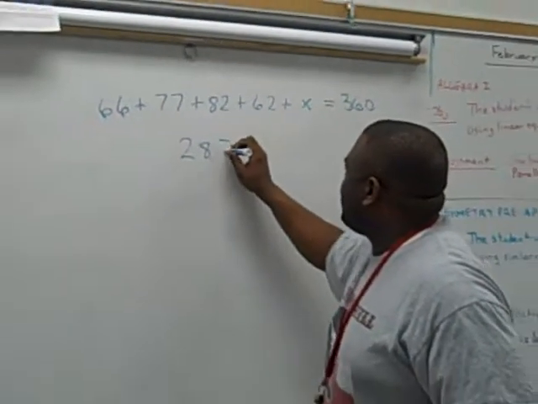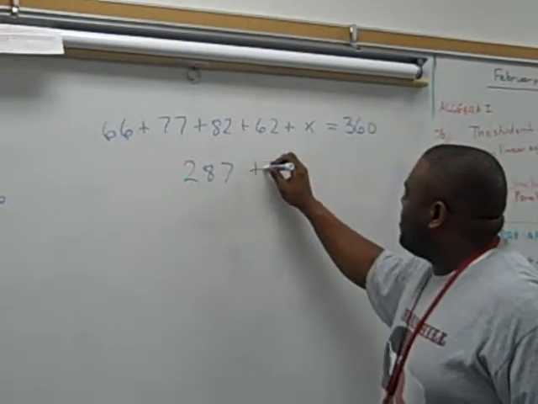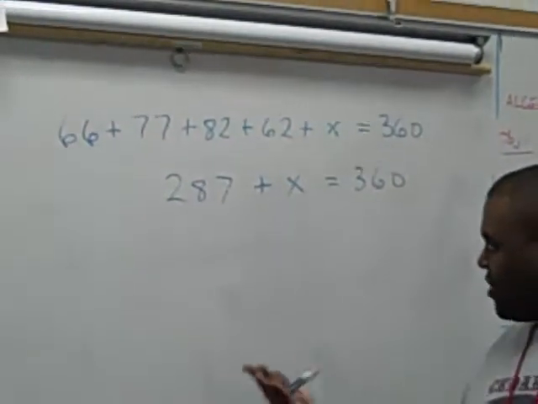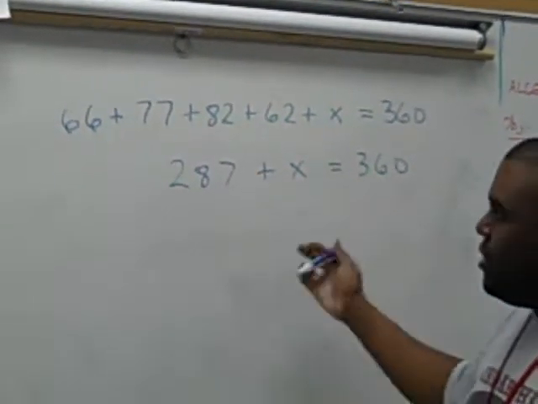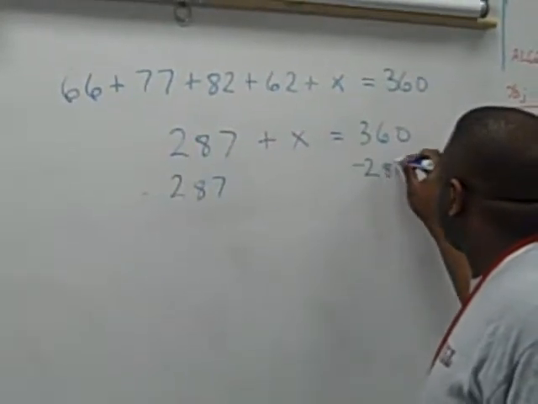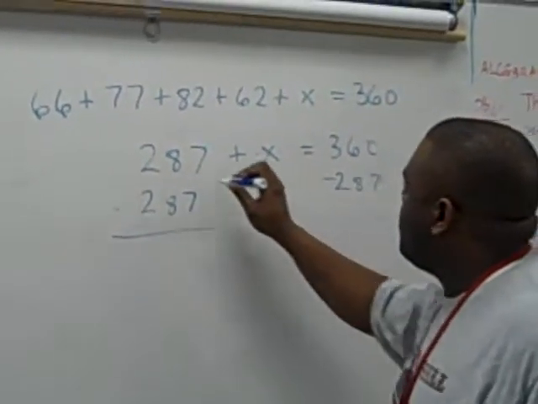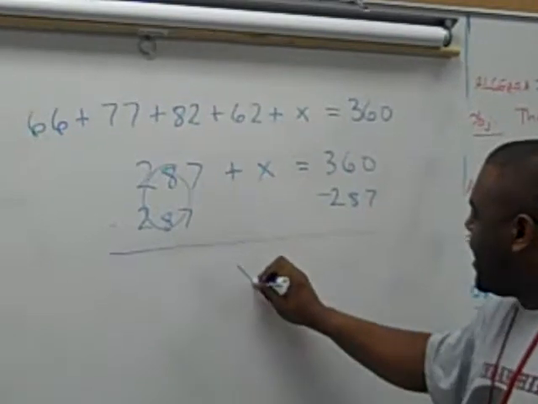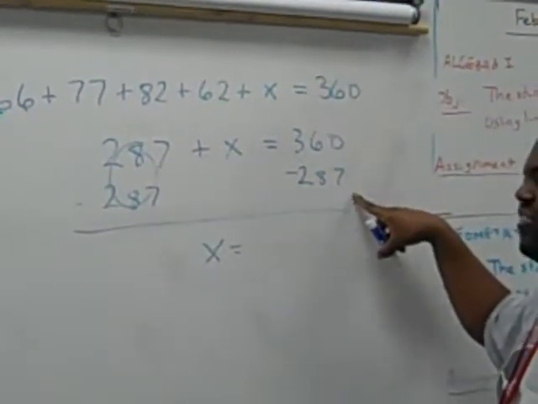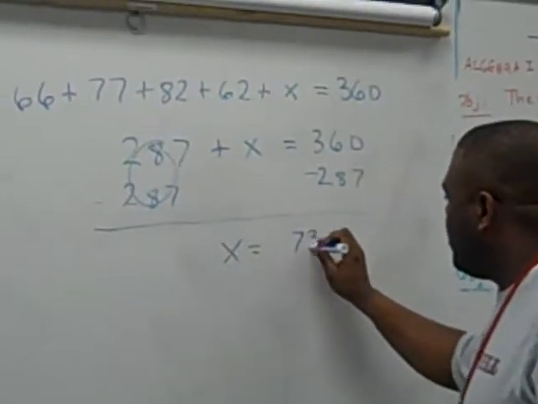So 287, you still have your x, equals 360. And now we're just going to solve for x. Very simple. Subtract 287 from both sides. Zero that out. I get x equal to 360 minus 287, which is 73.